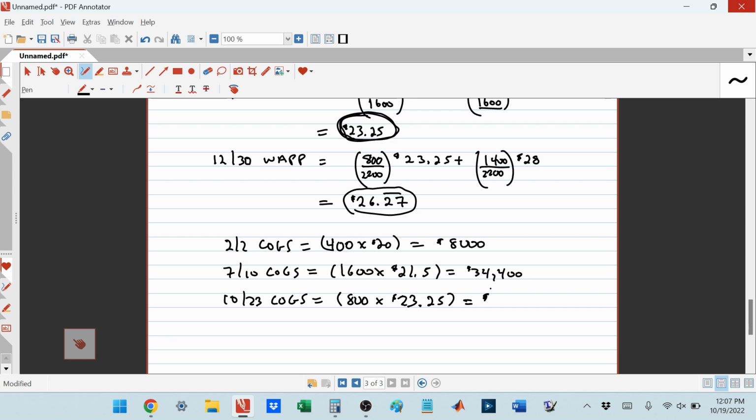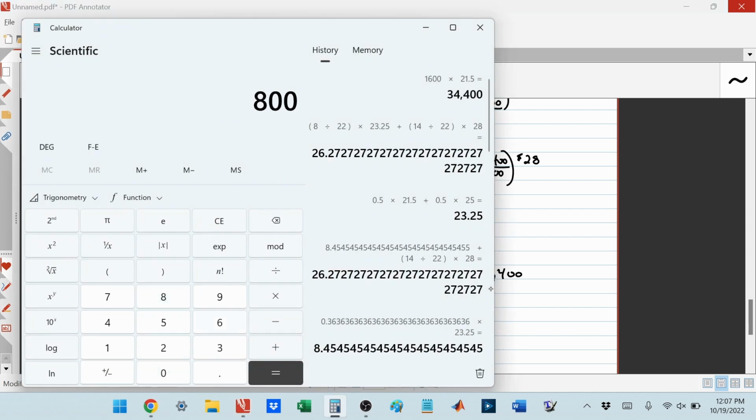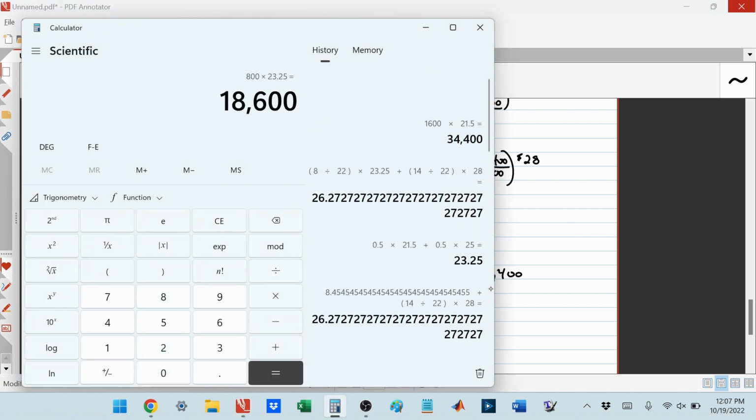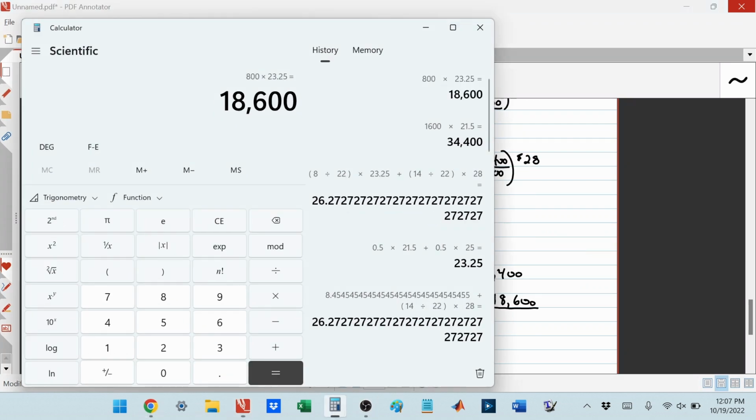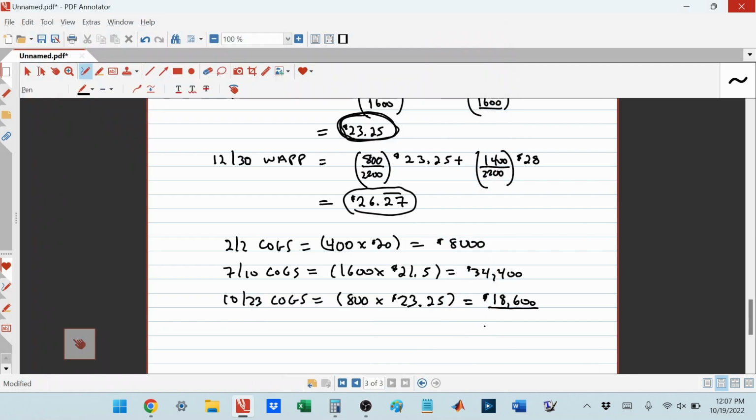So we would assign this cost to those units. And then that's it. Those are all the sales. So we sum those numbers up, and that's our total cost of goods sold weighted average perpetual. $61,000.